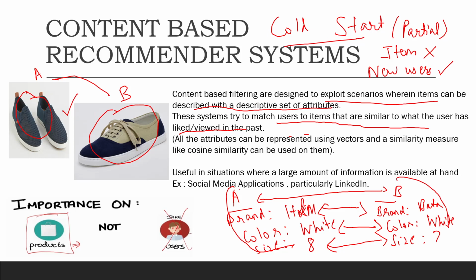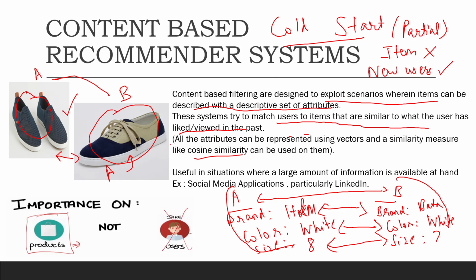The algorithm will be able to compare how similar A and B are, and if it finds that A is similar to B, then Arjun will also be recommended B. We can find the similarity by using cosine similarity.